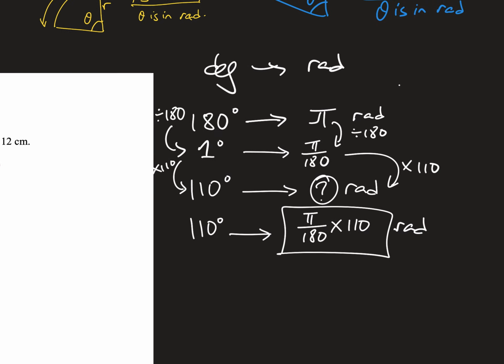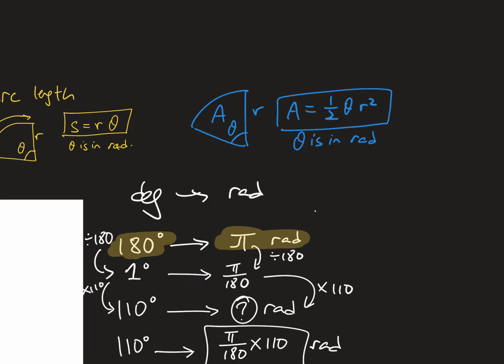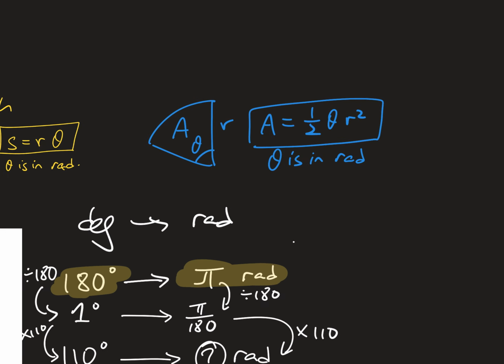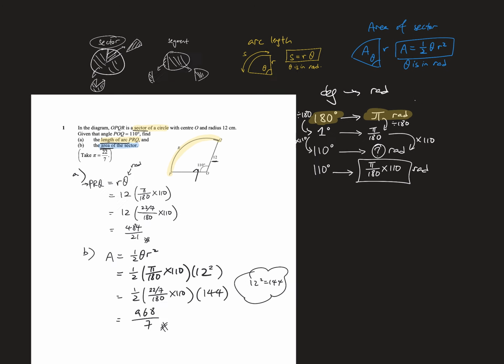That's what we did, using this relationship that we know, 180 degrees is always pi radians, and you just use ratio after that to convert. And then the final equation that we know is the area of sector. Let me just write that down, area of sector. So I'm going to zoom out, and you can take a look at all the concepts at once. And there you go.